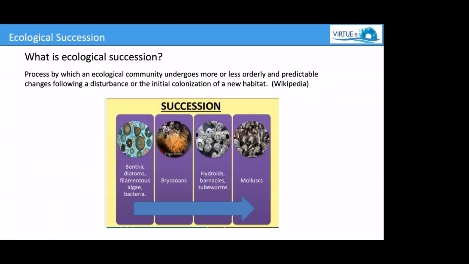Okay, so now we go to ecological succession. During the formation of the biofilm, we have seen already that there is an orderly and predictable order of events, a predictable change in how the organisms, or the things which adhere to the surface, followed a certain sequence of appearance.